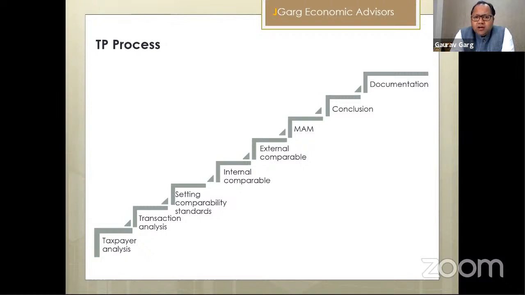Once we are clear on the taxpayer, we move on to understand the transaction. We call it transaction analysis. The transaction here means the transaction between your assessee, your taxpayer or your client, and its related parties or group companies.